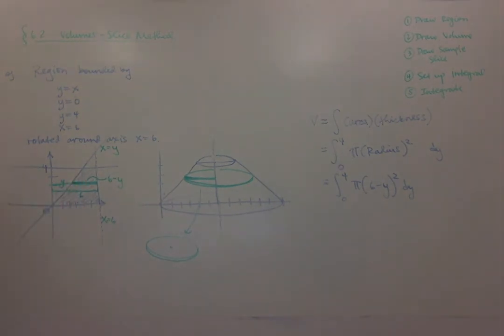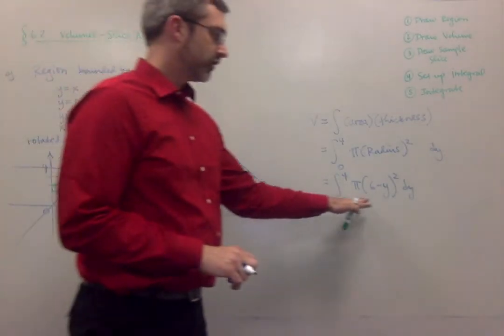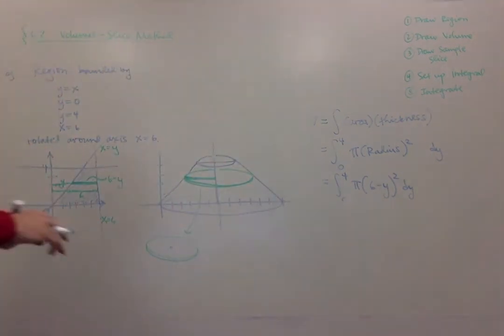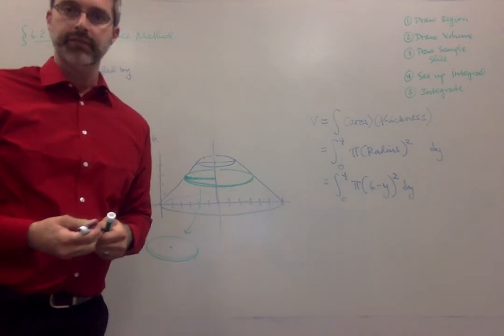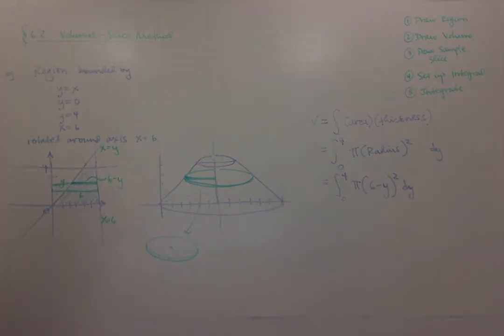So 6 minus y is my radius, and that's what I want to square. And then, again, you would square this out in order to actually do the integral. You need to do that on your homework, but I'm not going to take the time to do that here. Hopefully that makes sense.